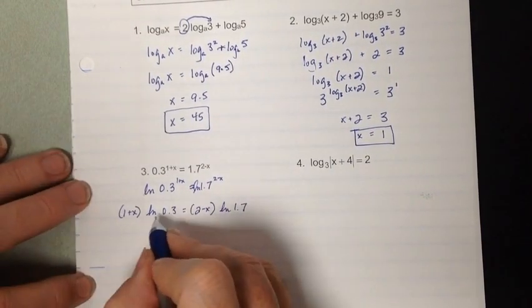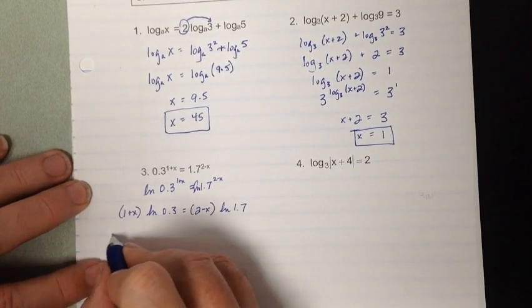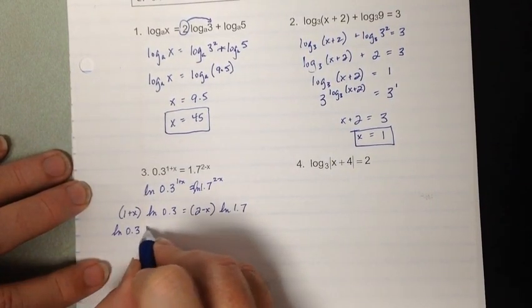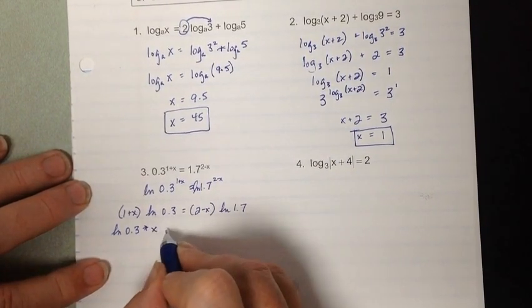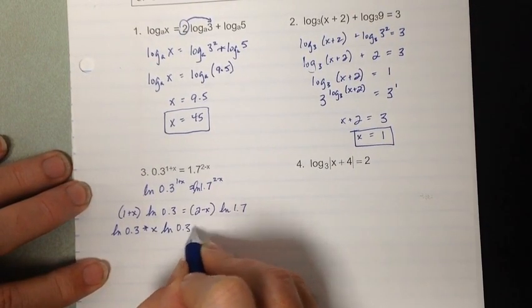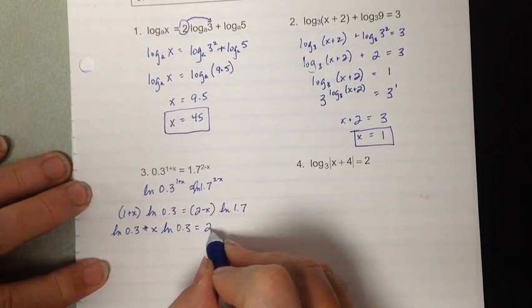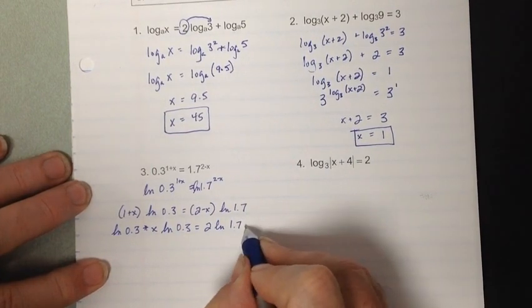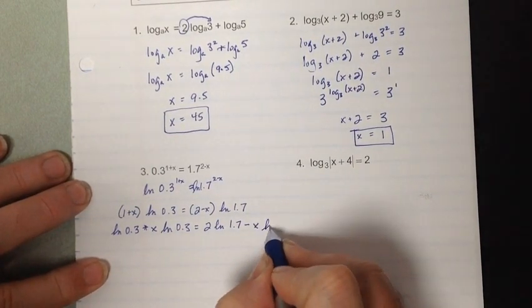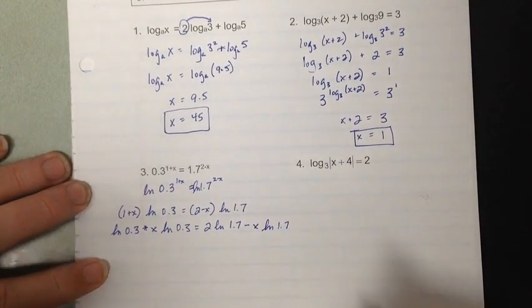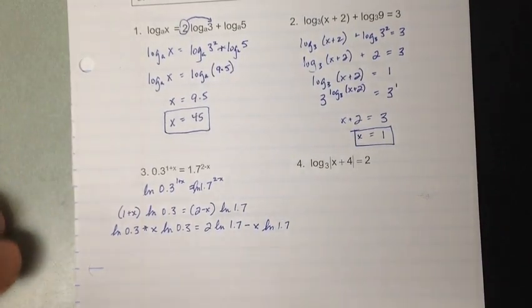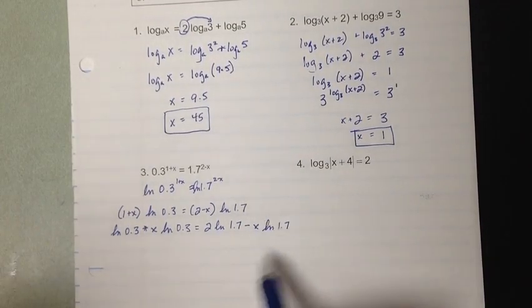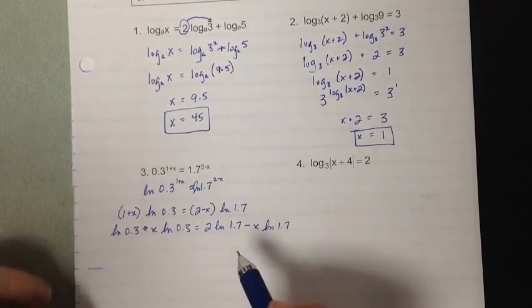I'm going to distribute. So this is 1 times natural log 0.3 plus x times natural log 0.3 equals 2 times natural log 1.7 minus x natural log 1.7. All right, I want my x's on the left. Anything without an x, I'm going to take to the right.